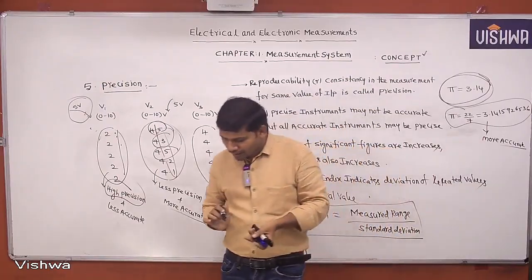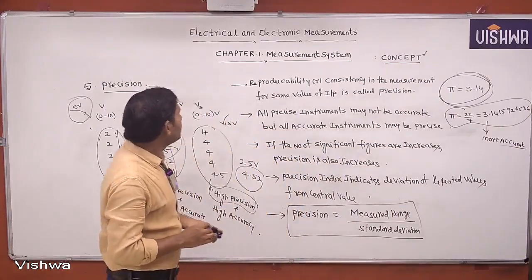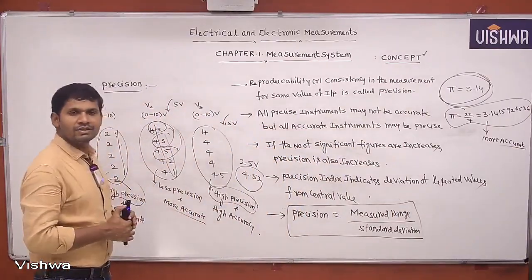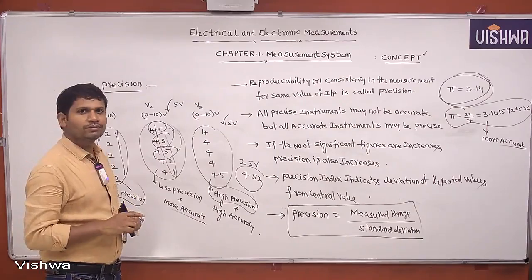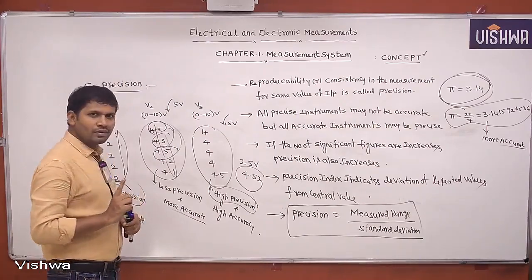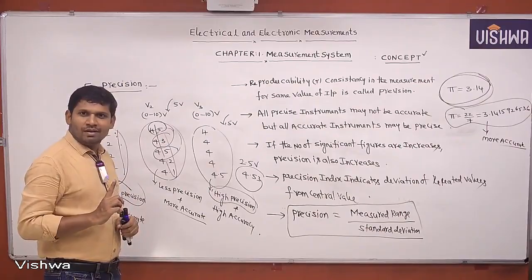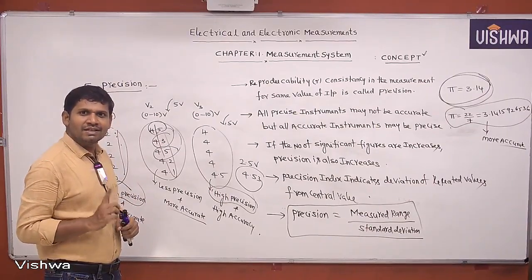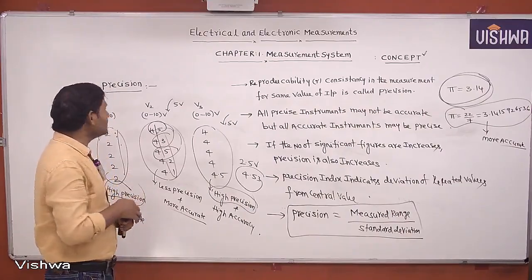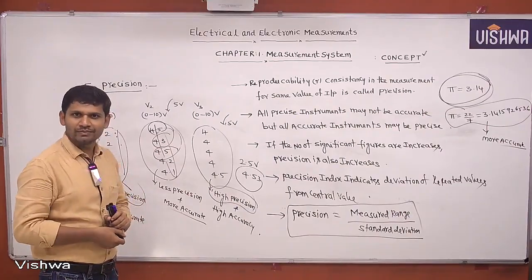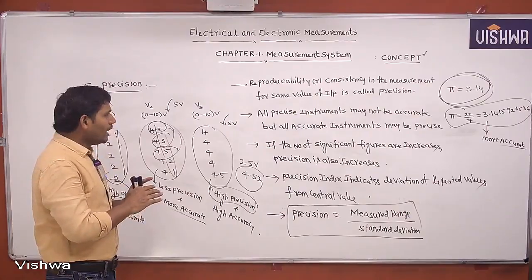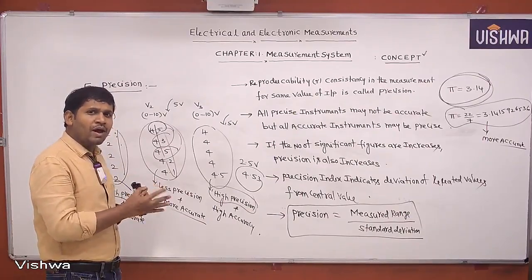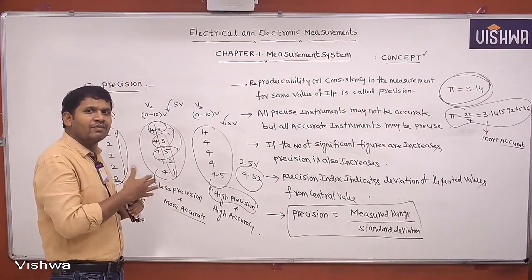Okay, this is about in detail what exactly the precision of an instrument is. With this, I explained about accuracy, resolution, linearity, sensitivity, and the other one, precision of an instrument. I told how to count the number of significant figures in a given number.